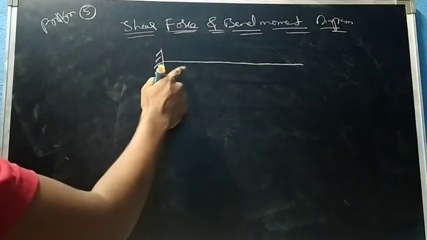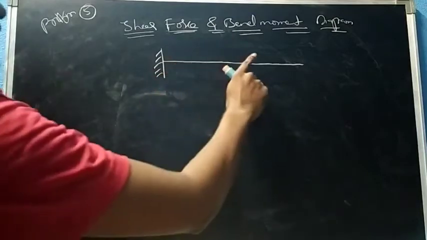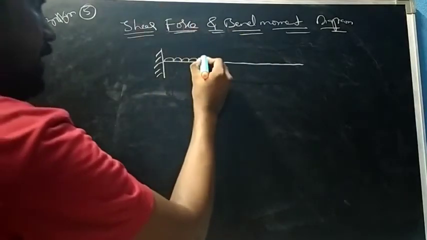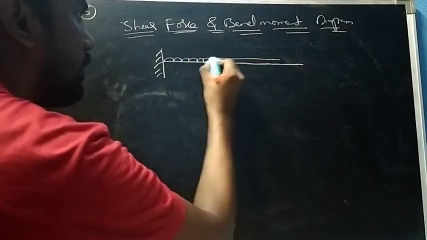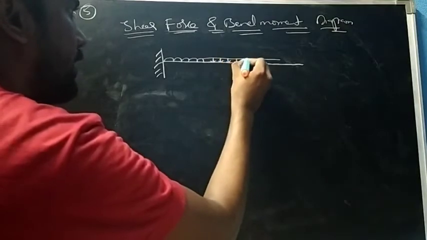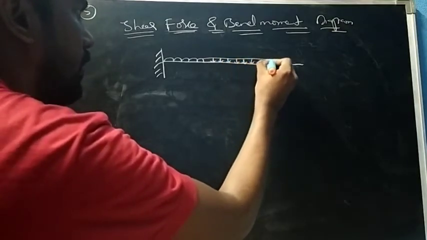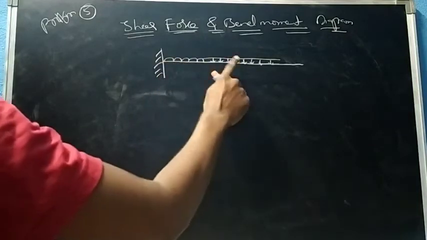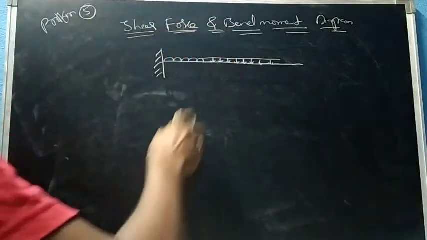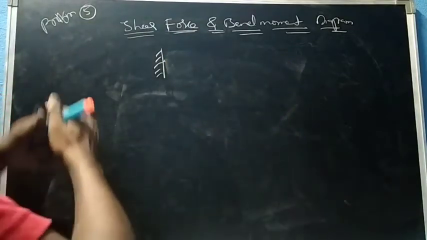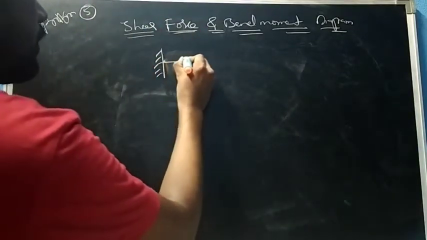And on this beam there is a uniformly distributed load. I can represent it in this way, and I can also represent it like this. There is no change in this. Don't get confused in the exam. It may be represented in this way or in this way. Both are the same. Many people get confused here.